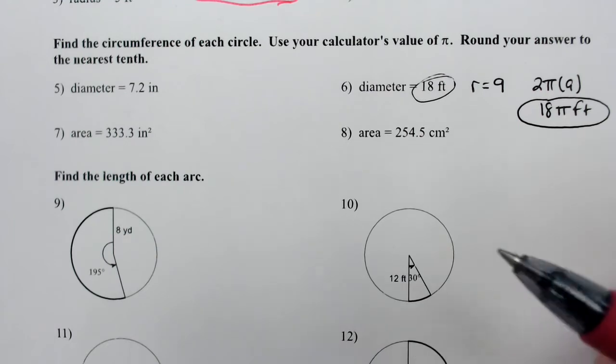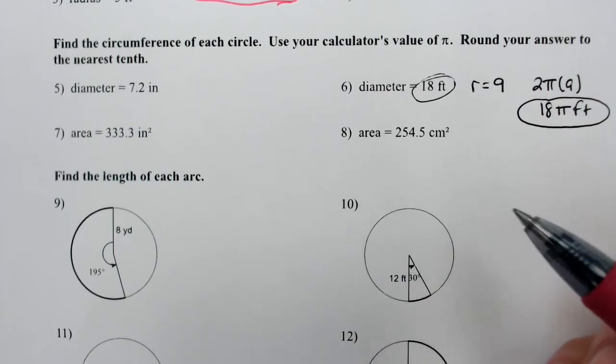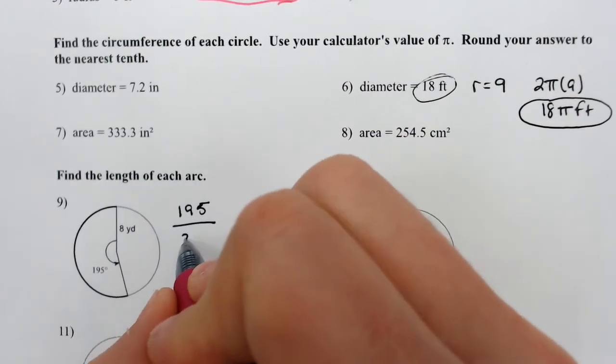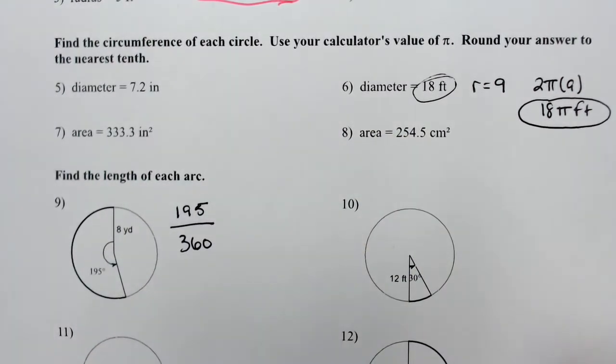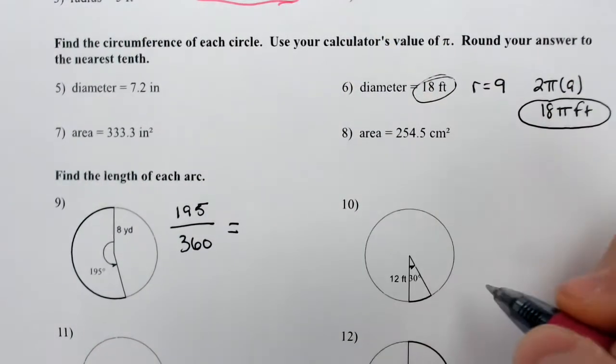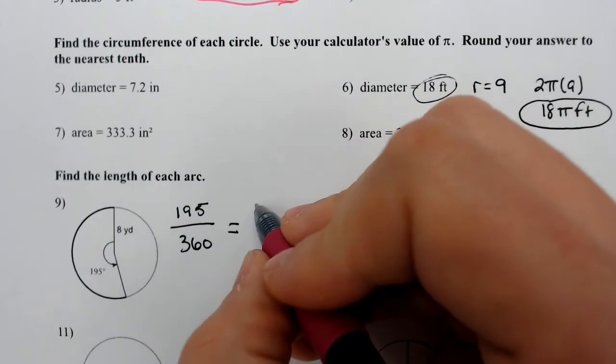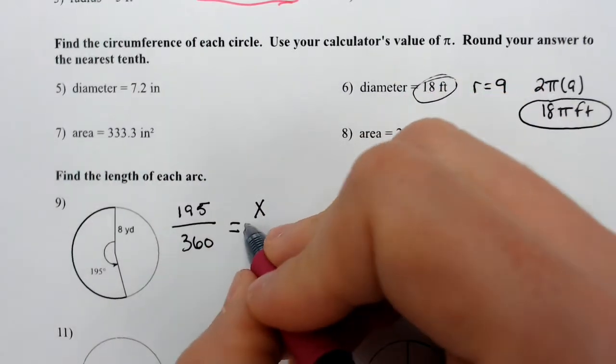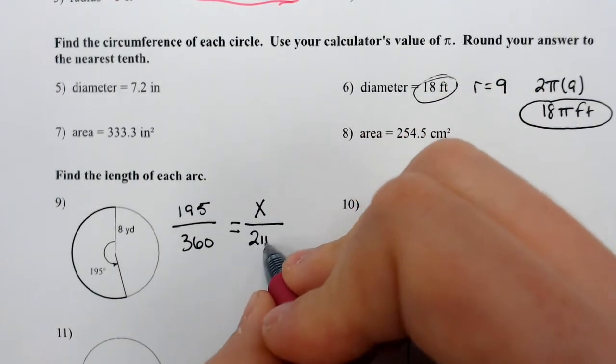So we're going to set up a cross multiplication. We have 195 degrees out of the entire circle, 360, is equal to what portion of the circumference out of the entire circumference.